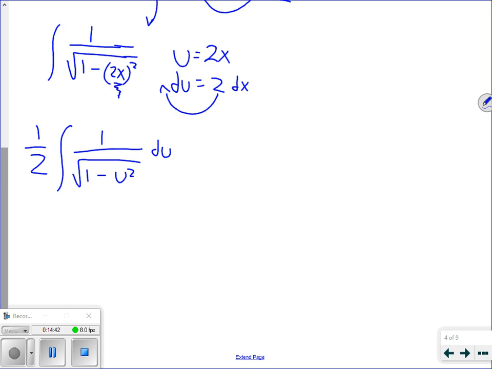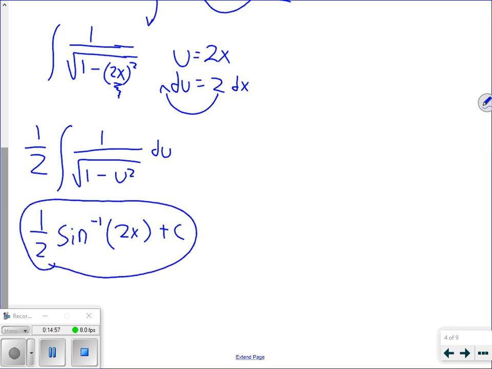And I do know what that integral is. It's just sine inverse of u, which in this case is sine inverse of 2x, plus c. So we had to write it in the form that looked like that formula above by doing a little bit of u sub.